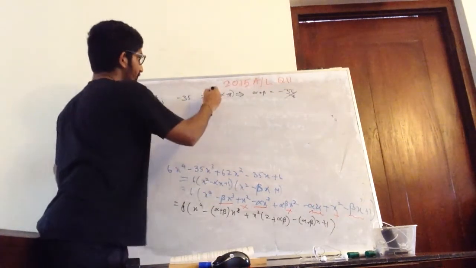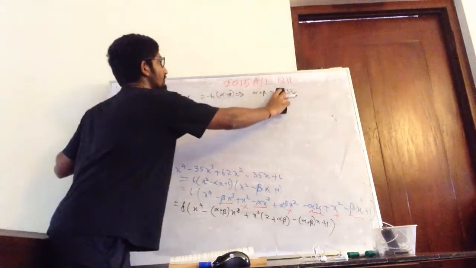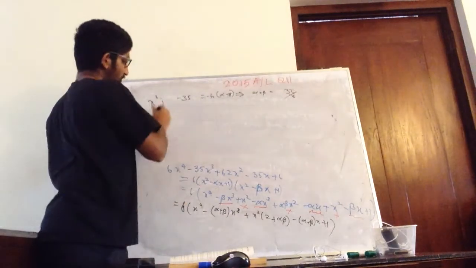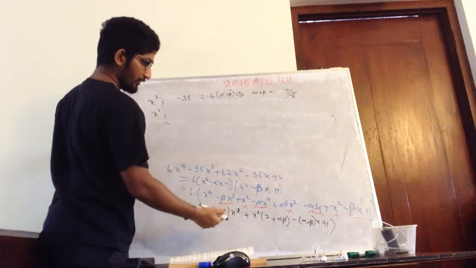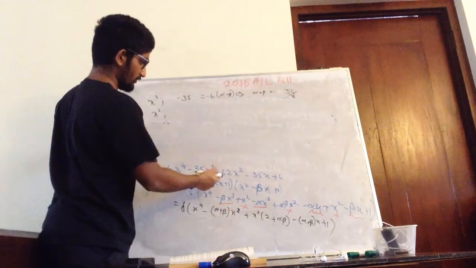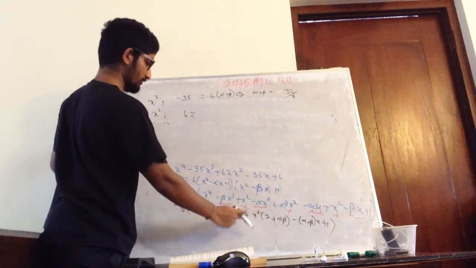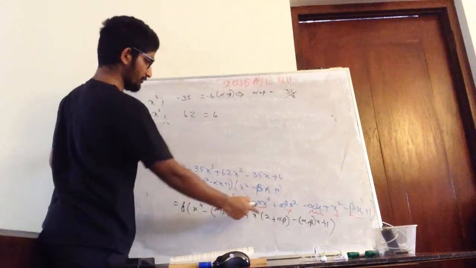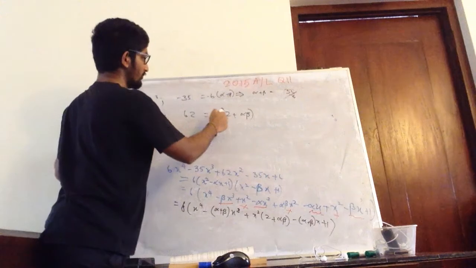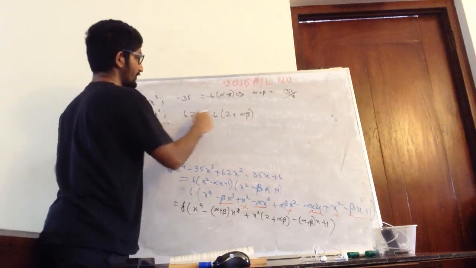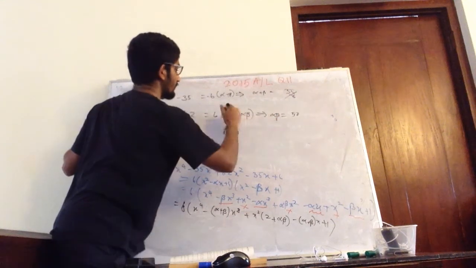Then for x squared, that is positive 62, and this is going to be 6 times (2 plus alpha beta). So 62 minus 12 is 50, and alpha beta will be 50 over 6.